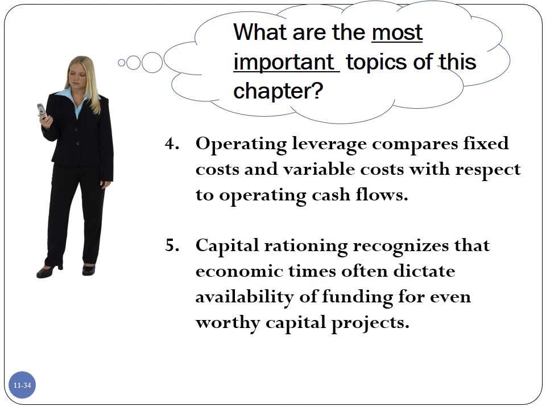And finally, capital rationing recognizes that economic times often dictate availability of funding for even worthy capital projects. So it helps us to do a profitability analysis and a profitability index on various projects so we can see which would have the greatest return.